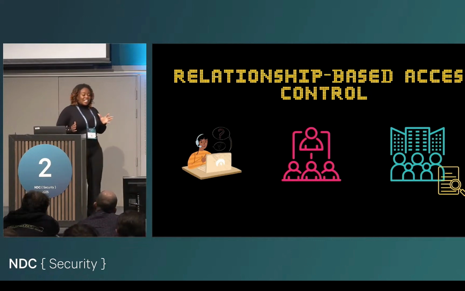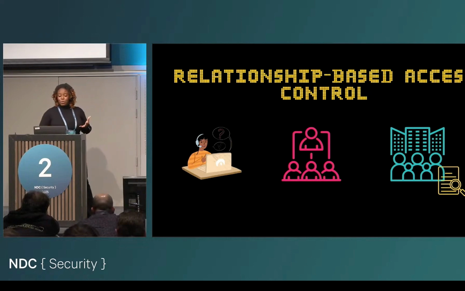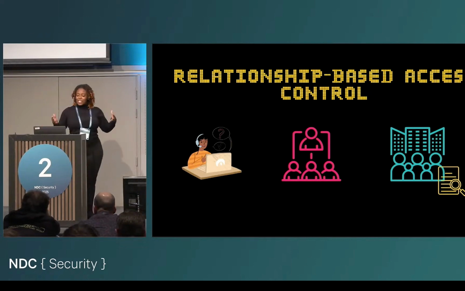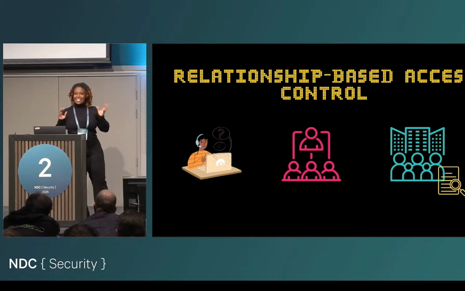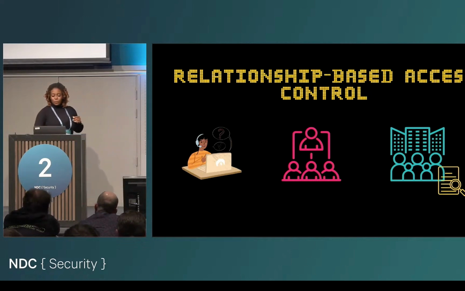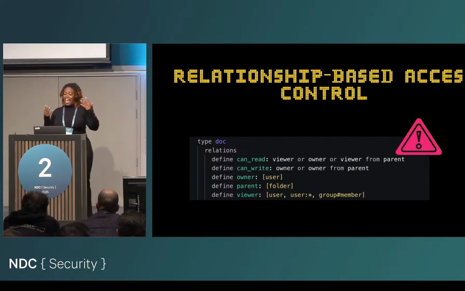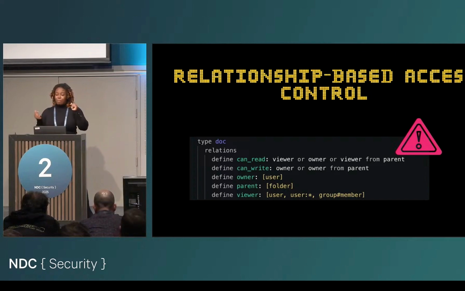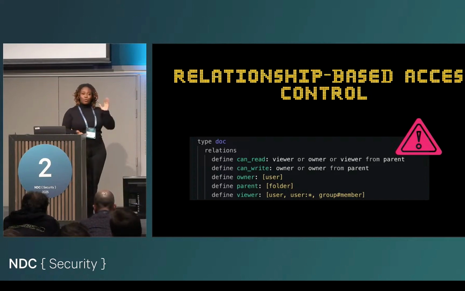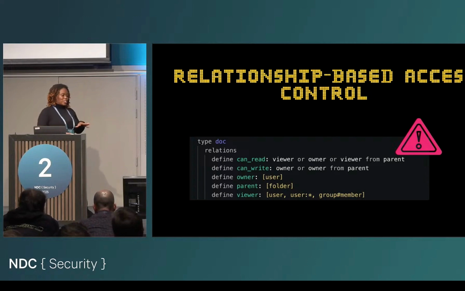By modeling this relationship, we can infer, based on the relationship existing, who has access. So let's take a look at what this looks like. Instead of looking at Alice and what Alice has access to, we can manage access based on the rules of the new entity, which is the document.